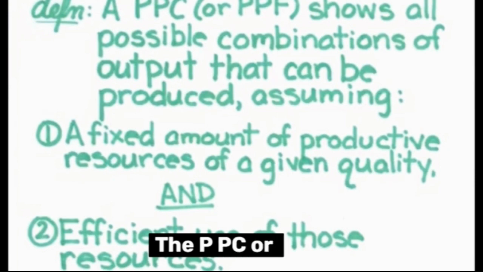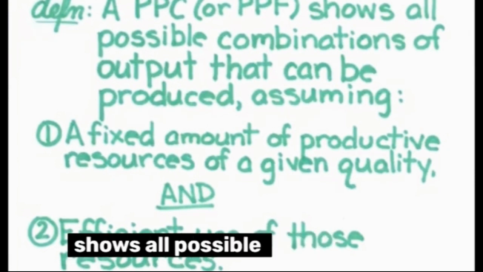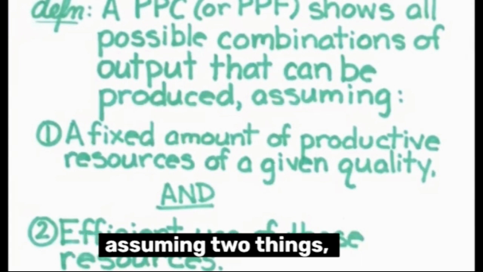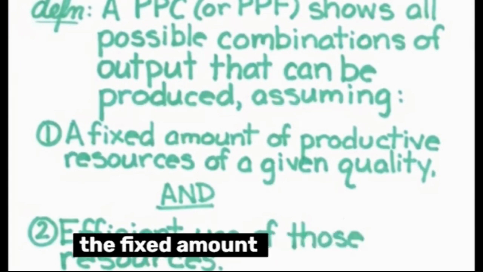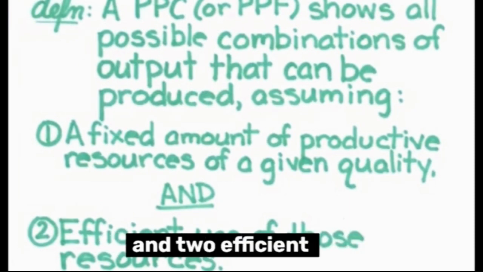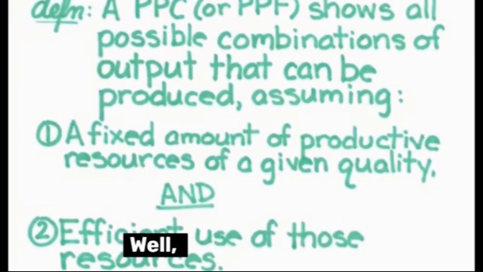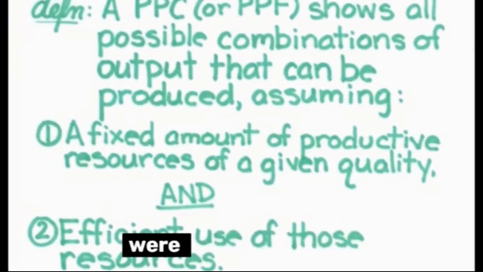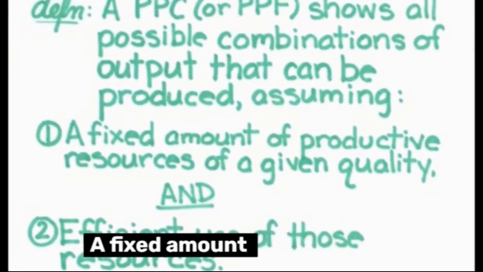By definition, the PPC, or PPF, shows all possible combinations of output that can be produced, assuming two things. One, a fixed amount of productive resources of a given quality, and two, efficient use of those resources. Well, did we do all this stuff? Yeah, we looked at all possible combinations of output by examining all possible combinations of grades that were being produced.